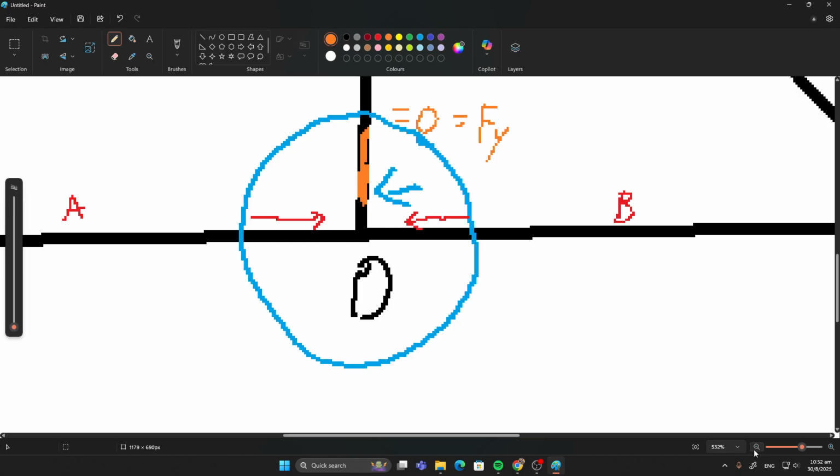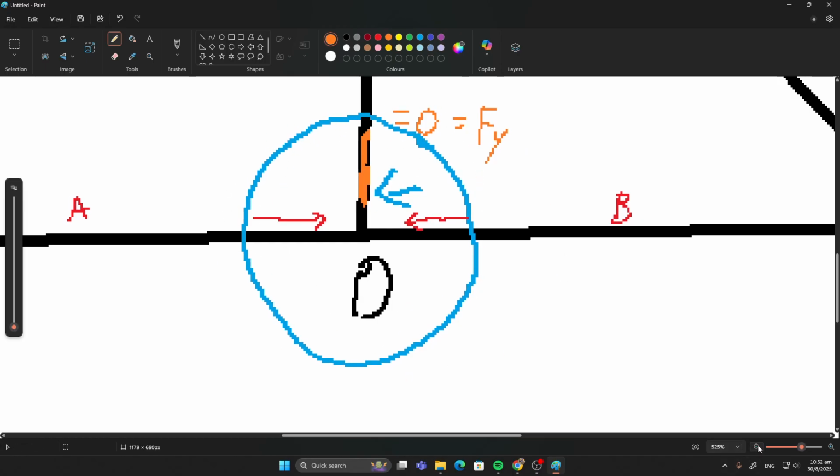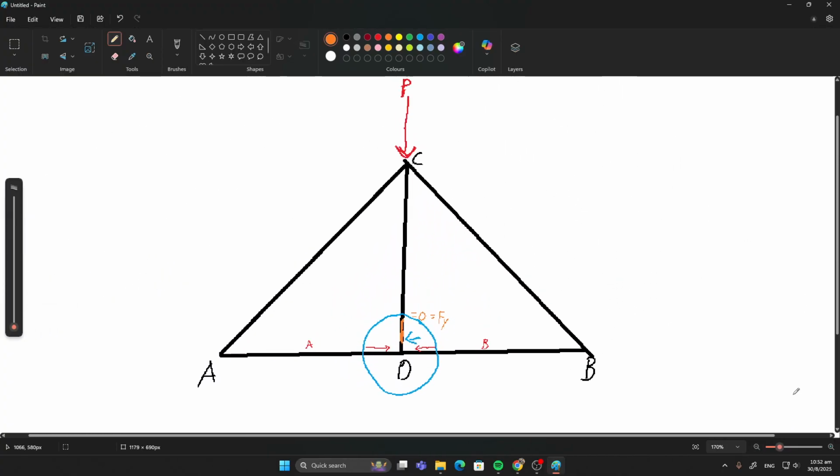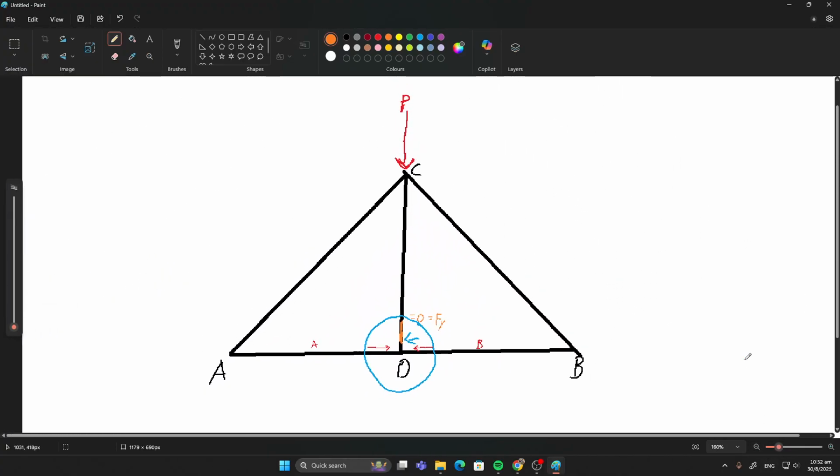Which is why, if you just look at this blue circle, the diagram inside, it makes sense. But then if you were to zoom out, it doesn't make that much of a sense because I have a force pushing it down. So ideally, or realistically, there should be loading spread all across here.